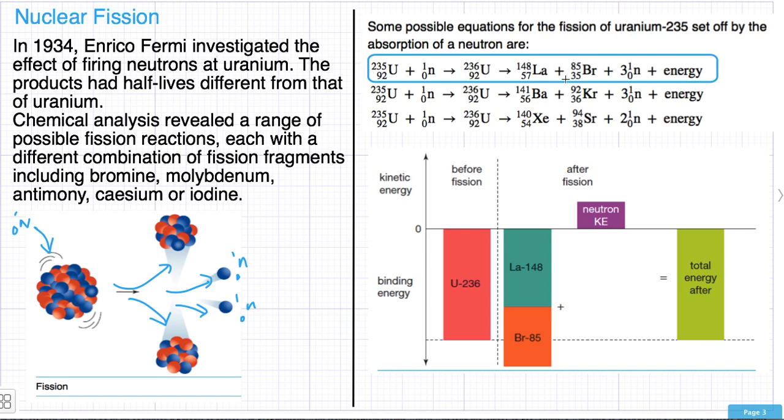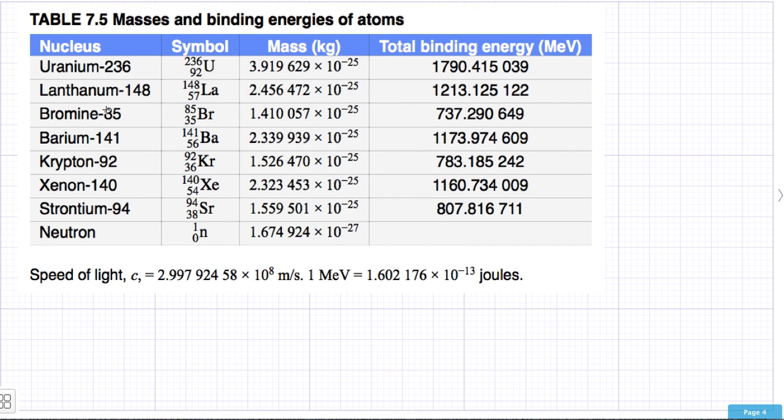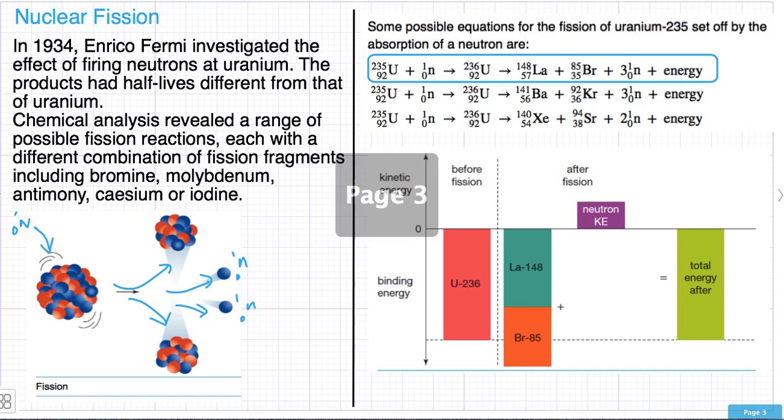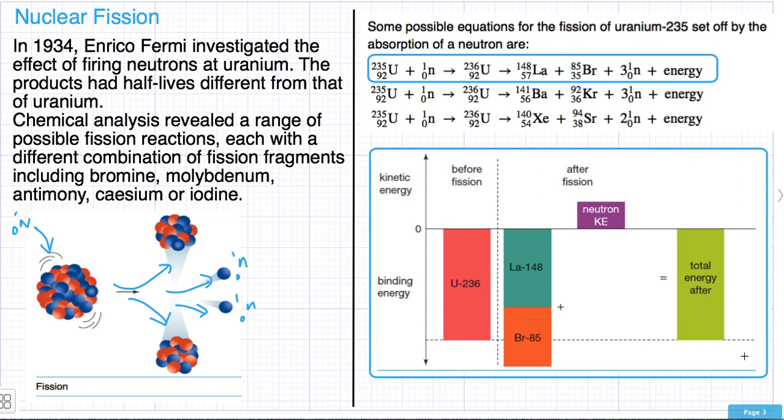It splits apart into two different elements, La and Br, as you can see on the next table, lanthanum and bromine. And also three neutrons, so some other particles, plus energy. Okay, and there are other ways that uranium can split too. Now underneath here we've got the table that actually links to this circled equation.